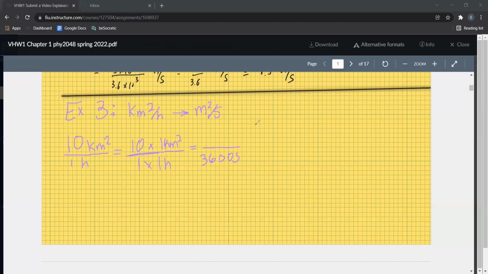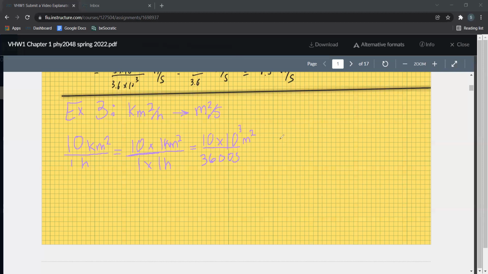Now with kilometer on the numerator, we have 10 times, and our conversion for kilometer is 10 to the 3 meters, and we're doing meters squared. So now that we have that established, it's relatively simple.